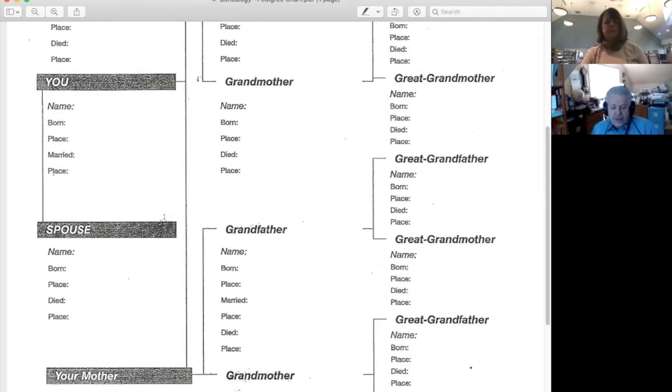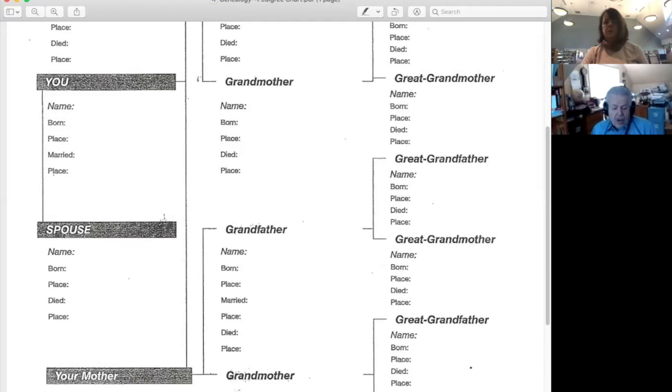So now you have a father and a mother. Now, one of the questions becomes, well, suppose that your father is not really your biological father, but your stepfather. So you have to make a decision about which one you will put in, but normally we put in the biological father because this is a relationship chart that follows actually bloodlines.